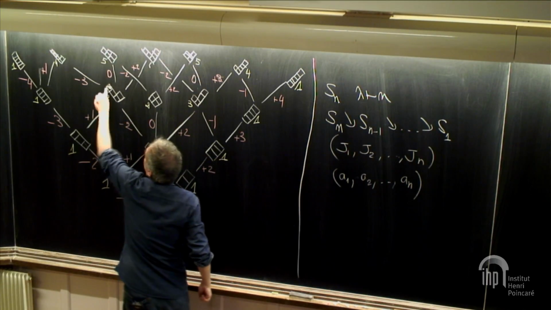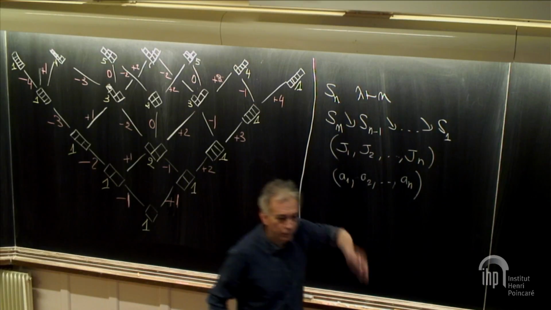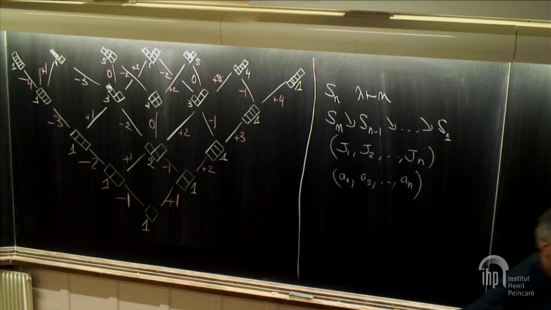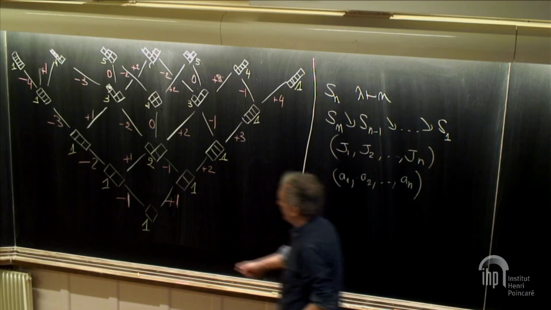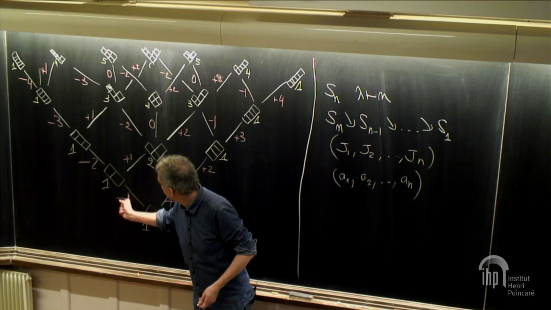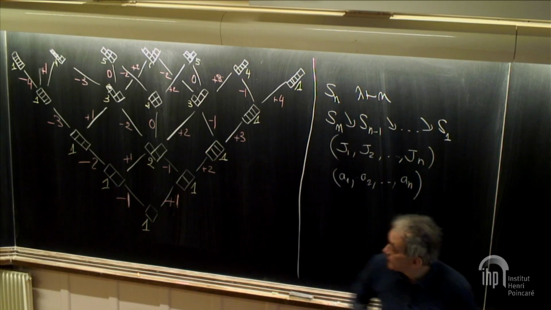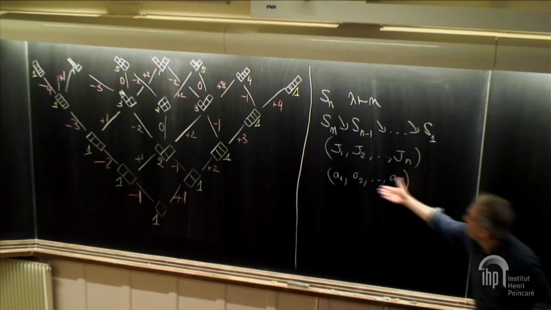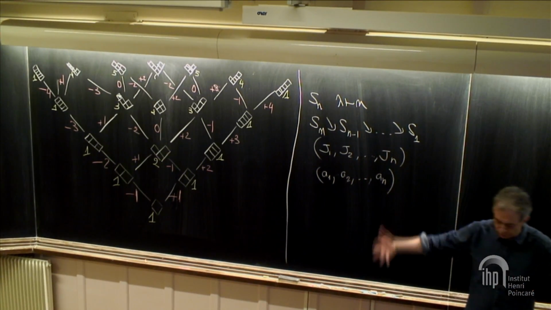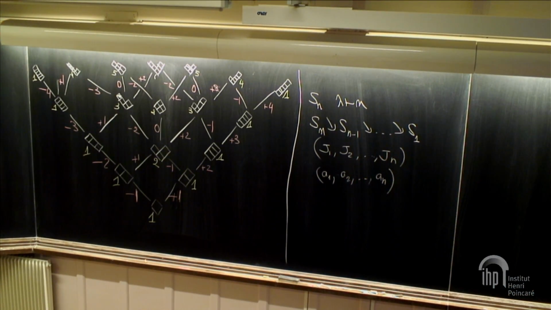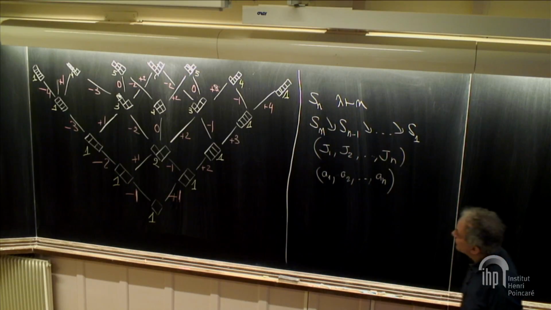And the content of this box, it's the horizontal coordinate in the middle of the box, it's -2. Here you get a -1, here you get a +1, and so on. So we can index by this sequence of numbers, which was the way that we described the theory by using the tools of the Jucys-Murphy elements, according to Okounkov and Vershik.